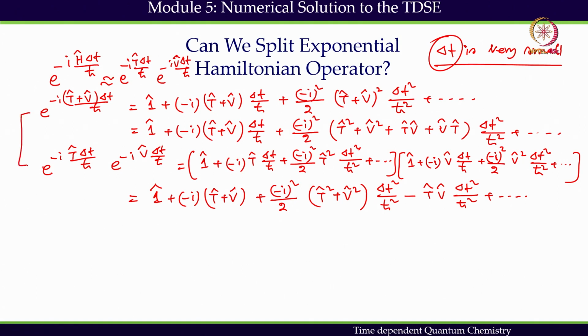I will find the error by subtracting these two expressions: e to the power minus i (T plus V) delta t by h cut minus e to the power minus i T delta t by h cut into e to the power minus i V delta t by h cut. That is the difference I take.